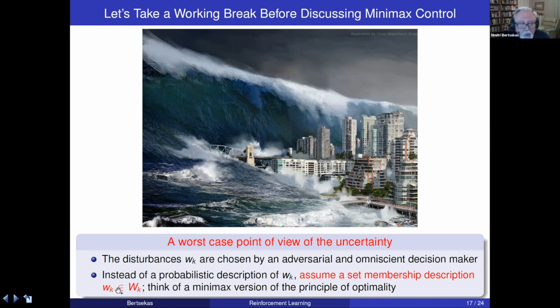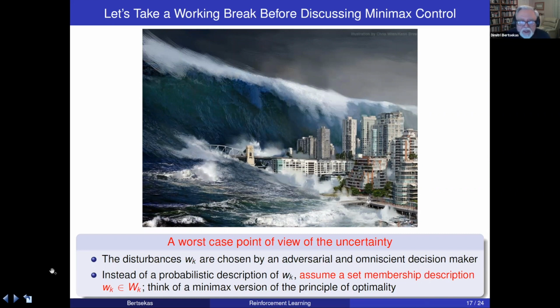They're just known to belong to given sets, which you know, and then we have an adversary that chooses this malevolently. It's adversarial and also omniscient, knows what you're going to do. So no matter what I do, I have to assume that he knows what I'm doing and will choose the worst possible decision for me, the best possible decision for himself.